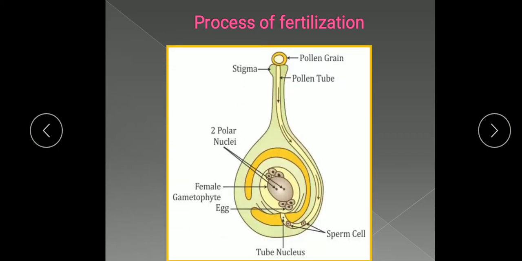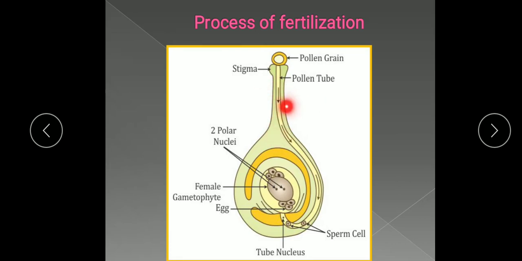As I said, the pollen grain, under suitable conditions, when it falls on the surface of the stigma, absorbs sugar and water from the stigma and further bulges out to produce the pollen tube. You can see this is the pollen tube coming out from the pollen grain, and this tube grows down through the style.